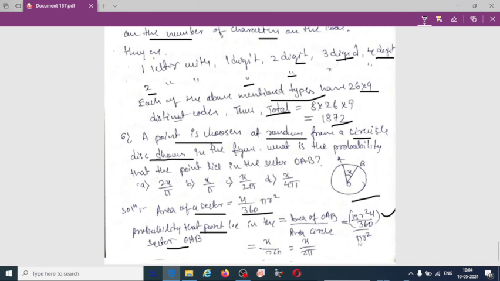The area of the circle is what? Pi r square. Then x divided by how much will we get? Pi r square gets cancelled. x divided by 360. Then we can write in terms of 2 pi, x divided by 2 pi. Option C is correct.